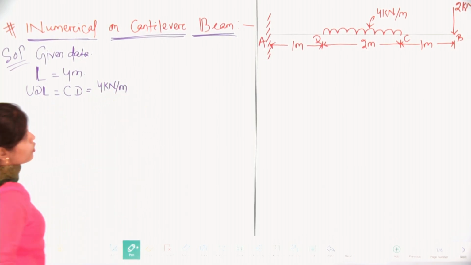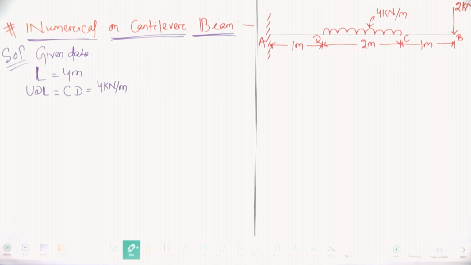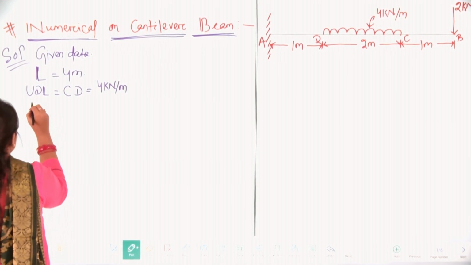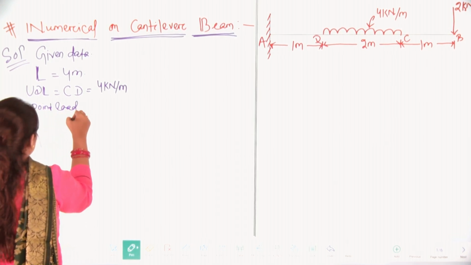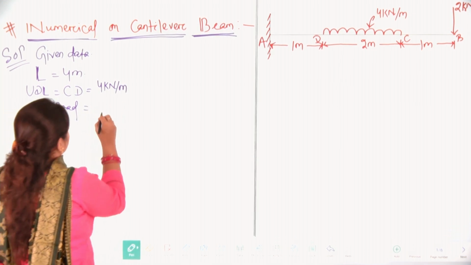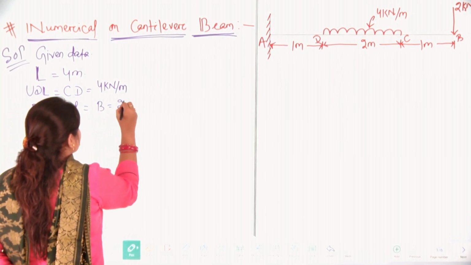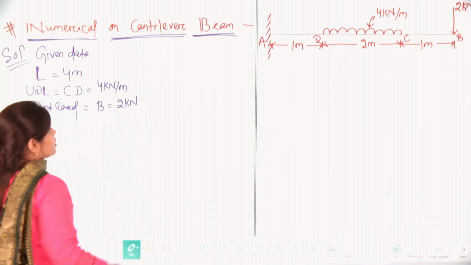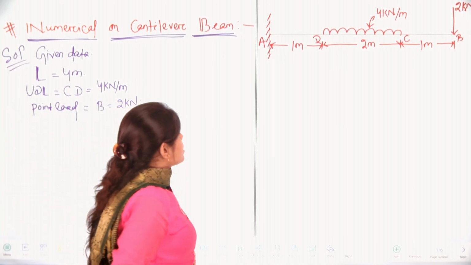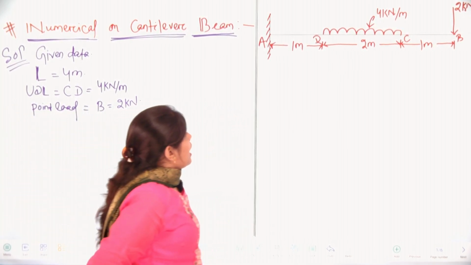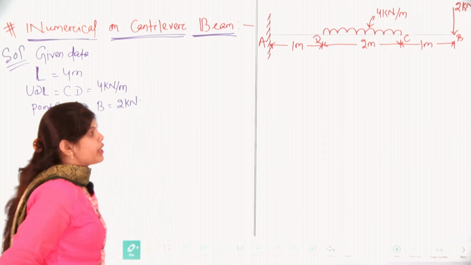Again the point load at B, at the end, is 2 kilonewton. These are the data we have, and from this data we will solve this numerical and draw the shear force and bending moment diagram.